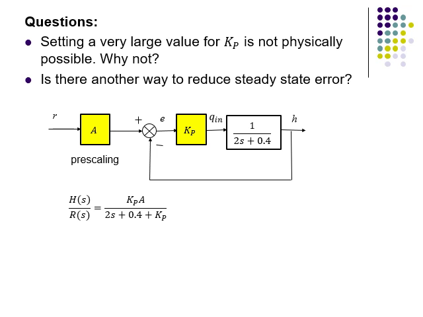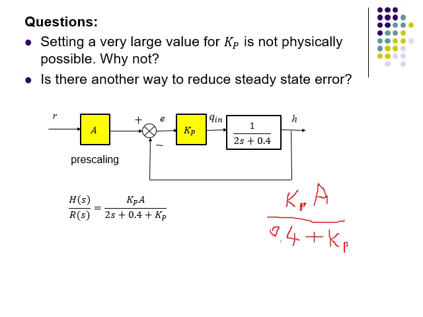In this case the transfer function is modified, so it includes the factor A, and then if we want the steady state gain of the system now to equal 1, then it means that we can find the required value of A. The steady state gain of the system we obtain by setting S to 0, and if we set S to 0, we get this.